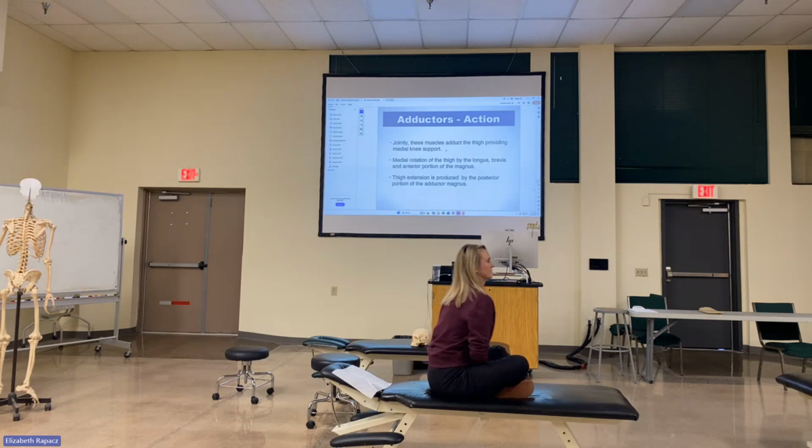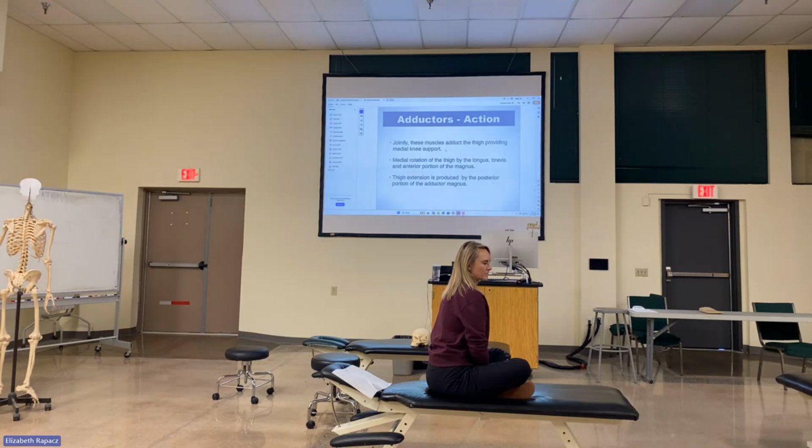So, very important muscles. A lot of times when you see people with this, there's the classic stance. You don't even have to test there. But then you also will see adductor issues with this stance.